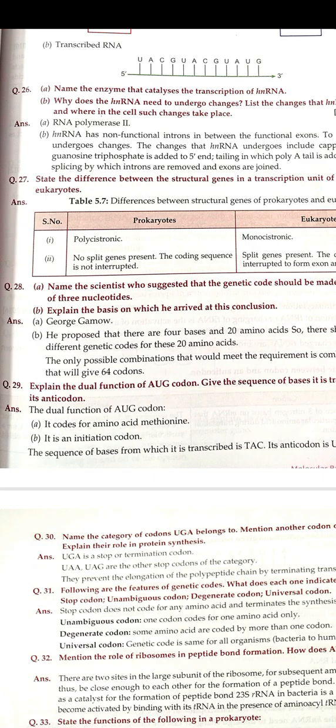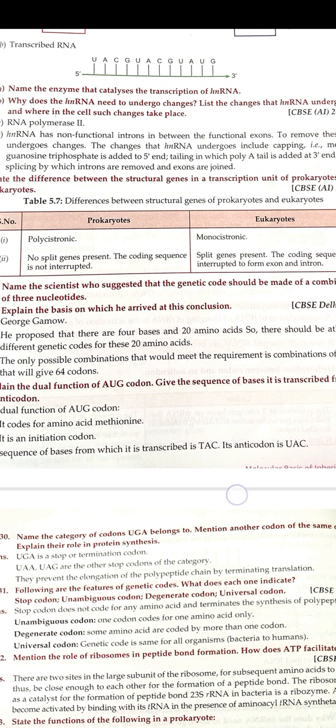Answer: the double function of AUG codon is that it codes for the amino acid methionine, and it is an initiation codon. The sequence of bases from which it is transcribed is TAC. Sorry, its anticodon is UAC.